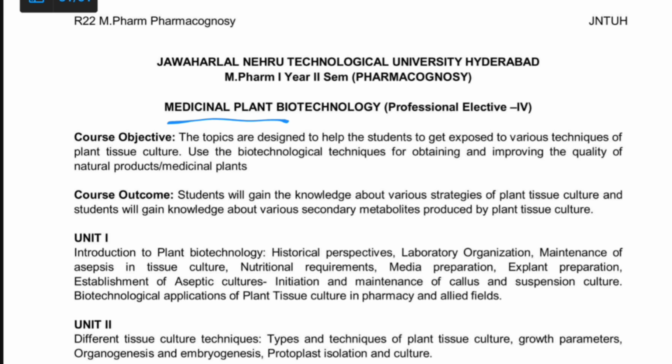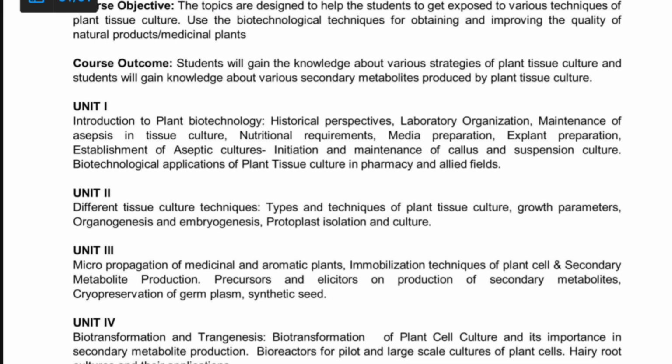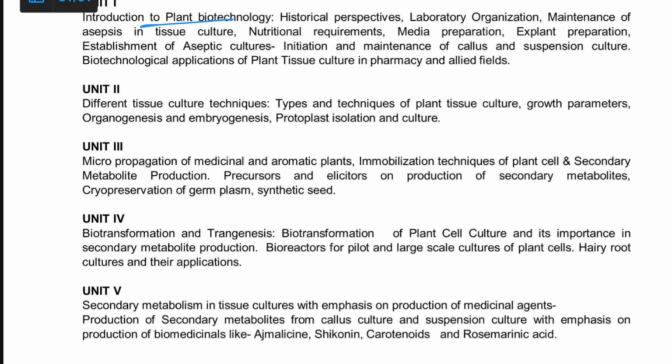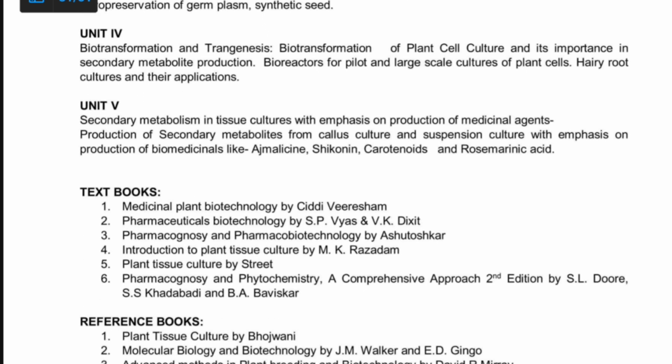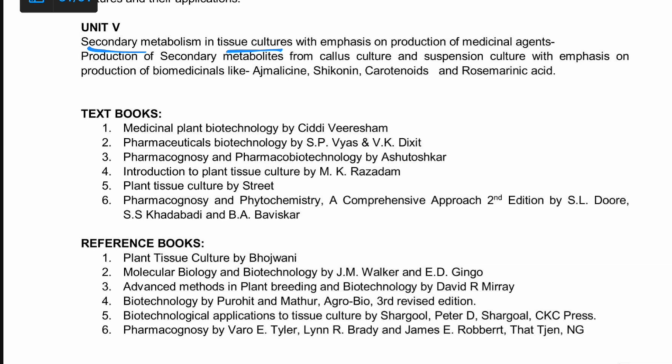Medicinal plant biotechnology: introduction to plant biotechnology, tissue culture techniques, micropropagation of medicinal aromatic plants, immobilization techniques of plant cells, biotransformation, transgenesis, secondary metabolism in tissue culture with special emphasis.